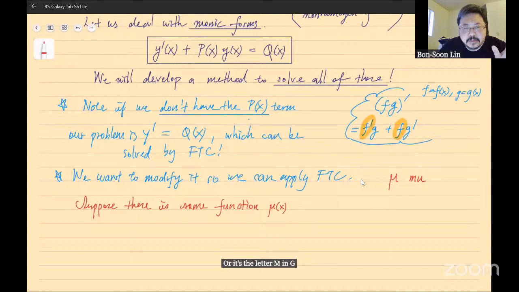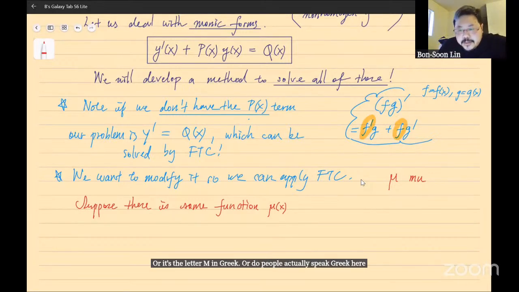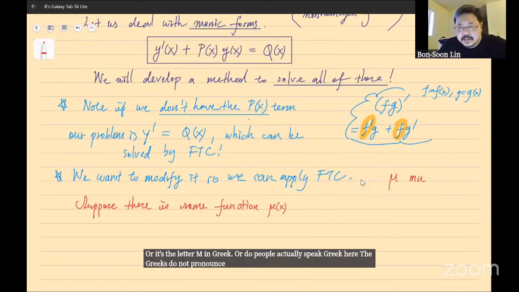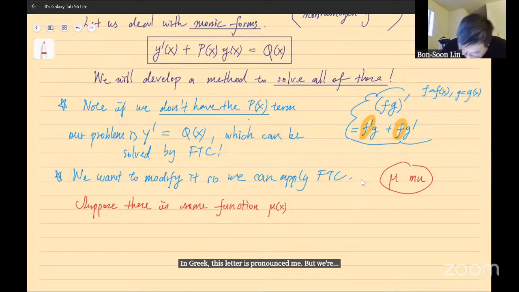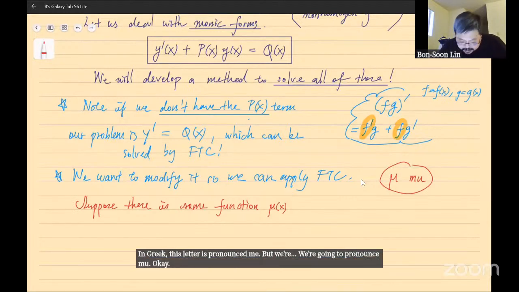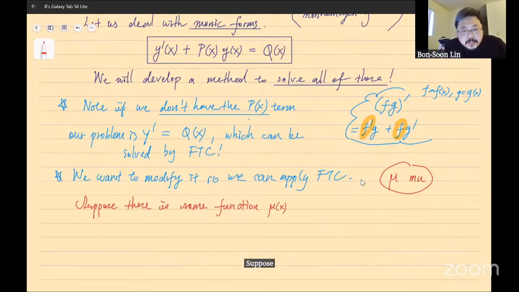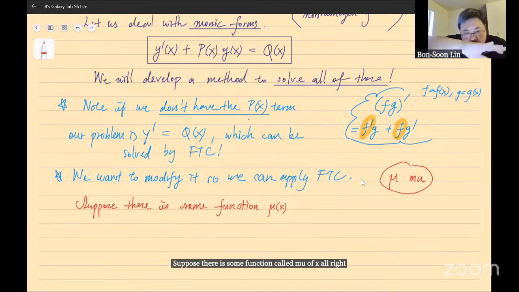The Greeks do not pronounce this letter mu. This is the mathematical English way of pronouncing the letter mu. In Greek, this letter is pronounced mi, but we're going to pronounce it mu. Okay. Suppose there is some function called mu of x. All right. Let's multiply it to this whole thing.